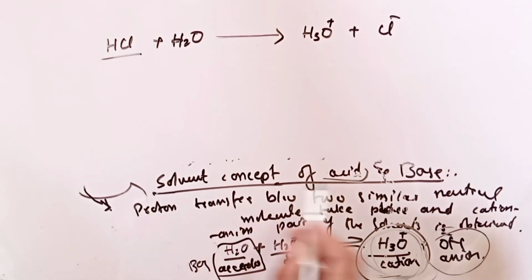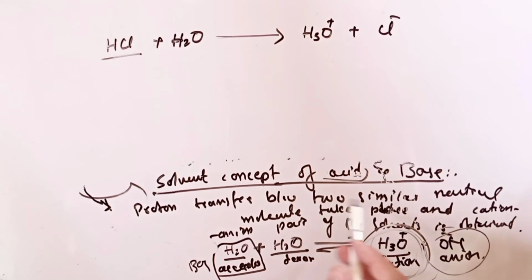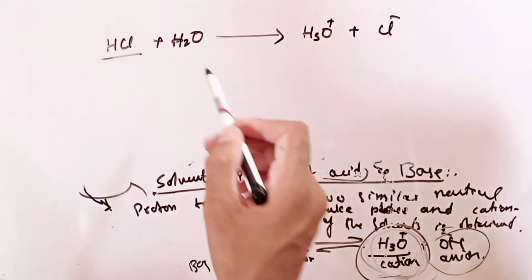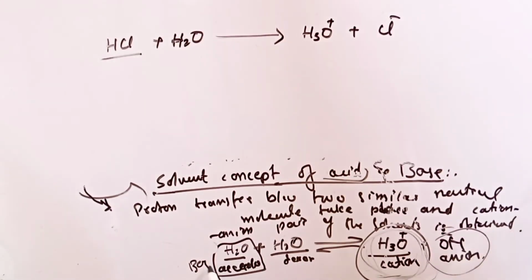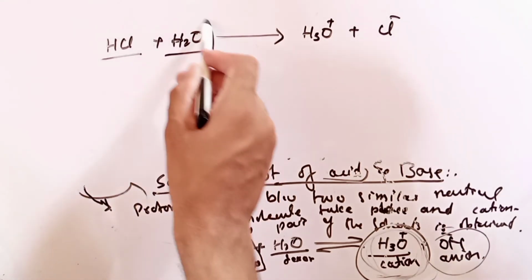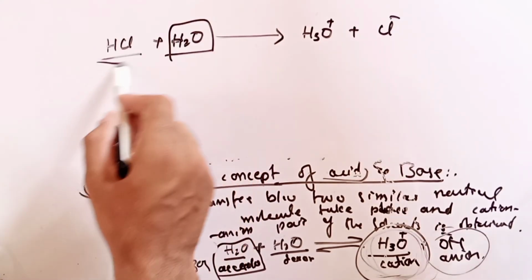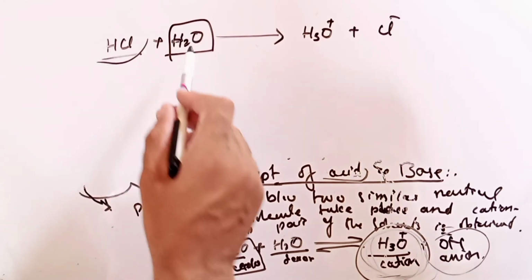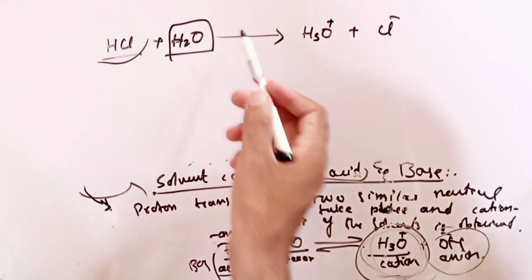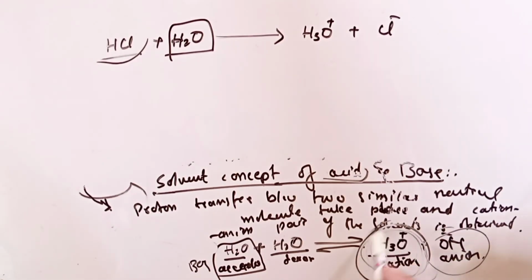Concentrate on the definition of the solvent concept of acids and bases: an acid increases the concentration of the solvent cations. If water is the solvent and HCl is the solute, then according to autoionization, water produces a cation and anion pair: the cation is H3O+, the anion is OH−.